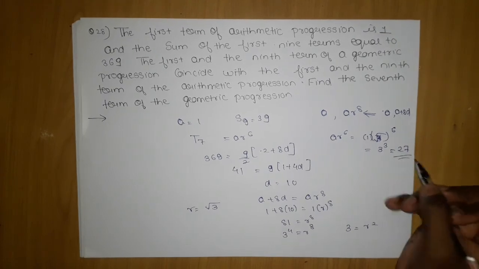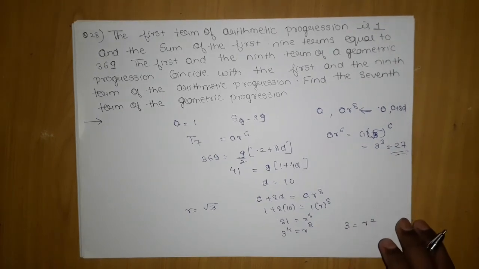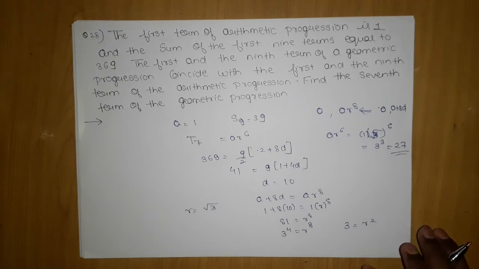So this is our answer. Hope you have understood this solution perfectly. I don't find this question very tough. You just need to understand and read the question properly. Now let's move on to the next question.